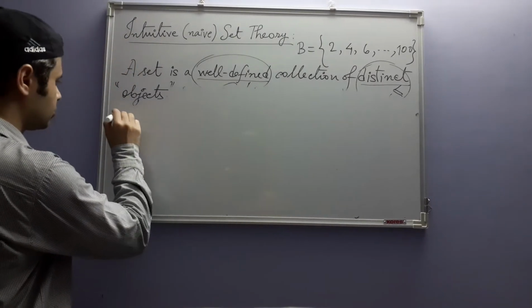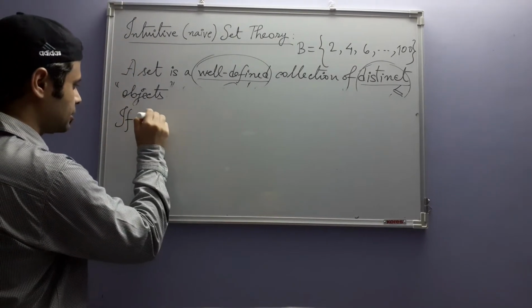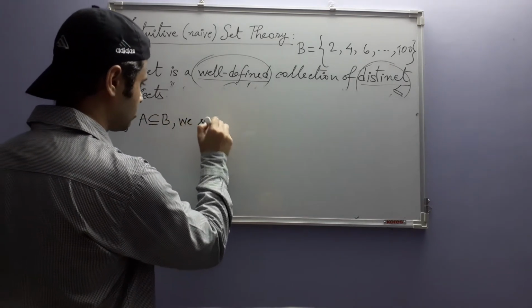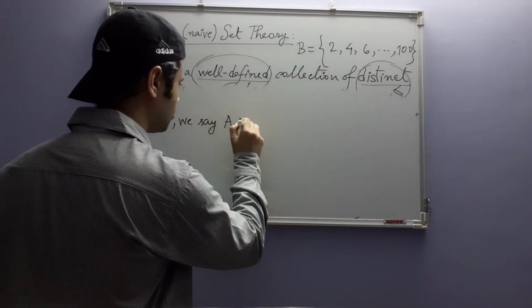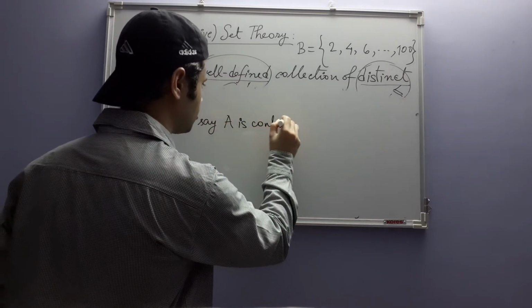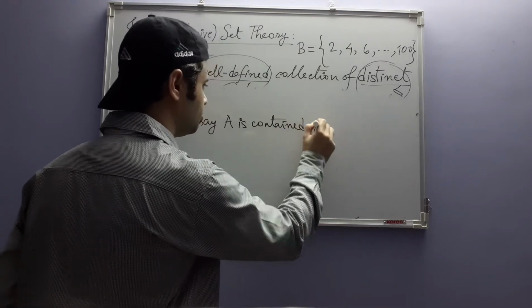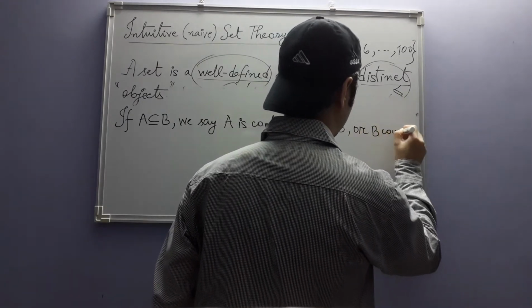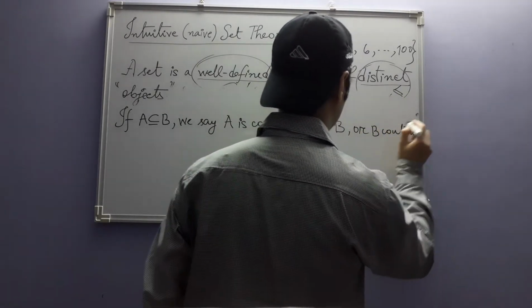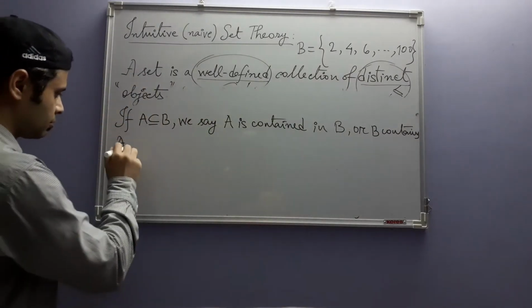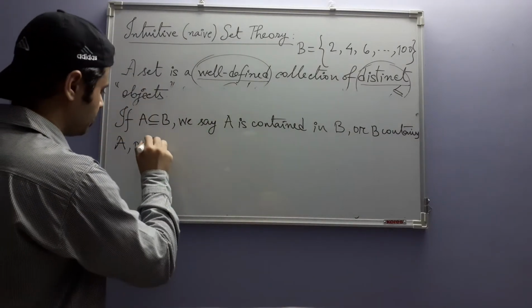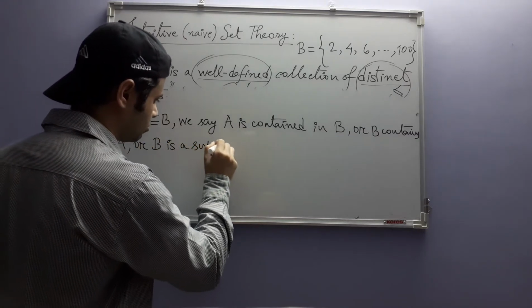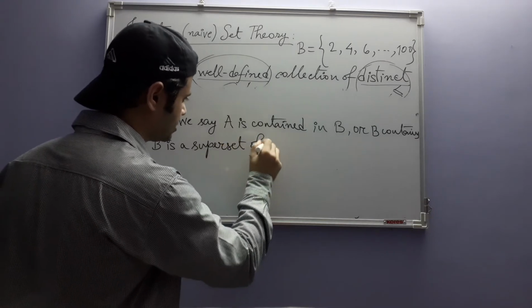If A is a subset of B, we say A is contained in B, or B contains A, or B is a superset of A. Now this is a new name.